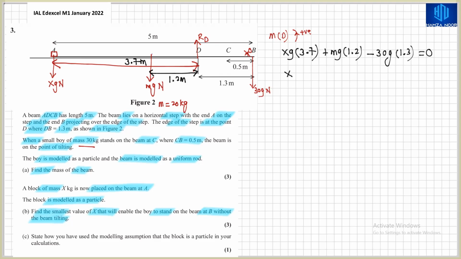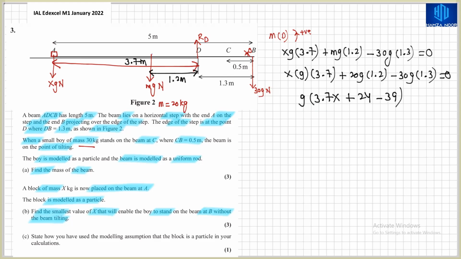So x into g into 3.7 plus 20g into 1.2 minus 30g into 1.3, and this whole thing will be equal to 0. If we take g as common, multiply by 3.7x plus 20 times 1.2, this is 24, minus 30 times 1.3, so minus 39, and this whole thing is equal to 0.